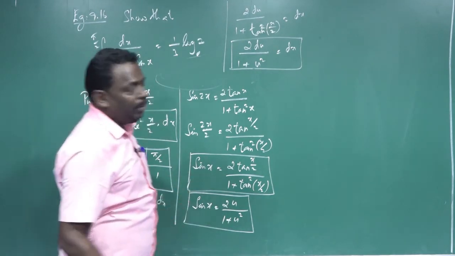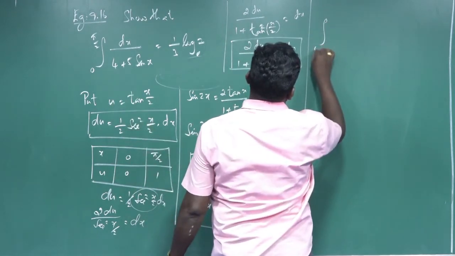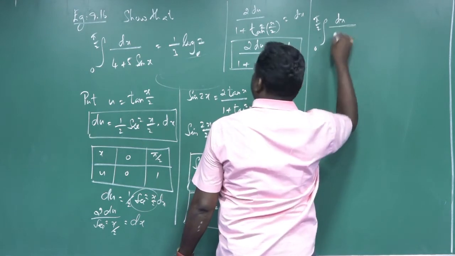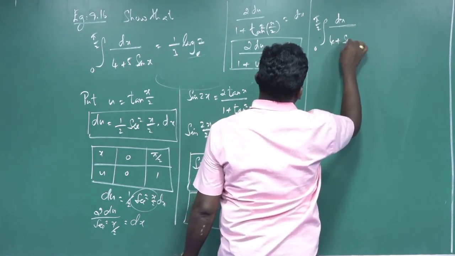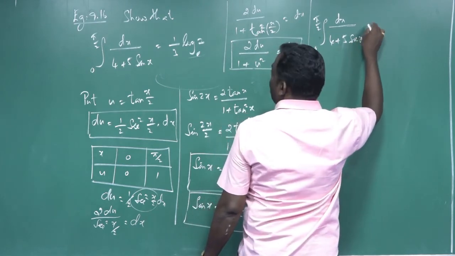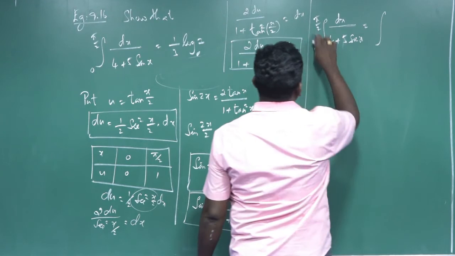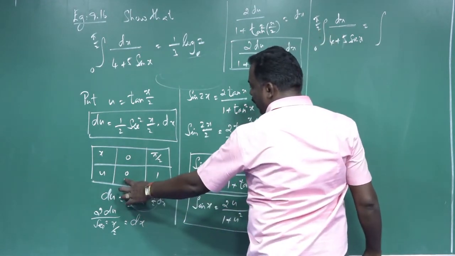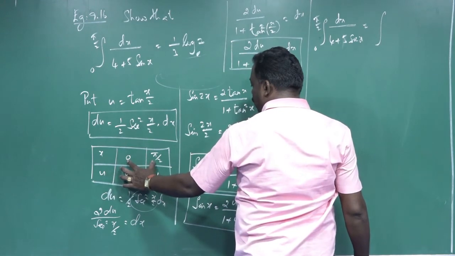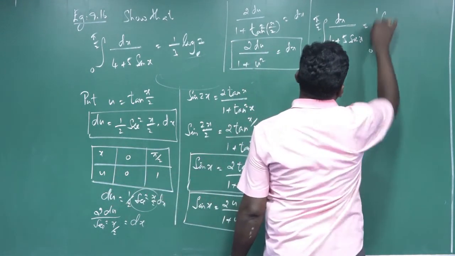Now come to the main sum. What is the given equation? Integral from 0 to pi by 2 of dx by 4 plus 5 sin x. Instead of 0 to 90 we replace the limits: the x limits are 0 to 90, but the u limits are 0 to 1.